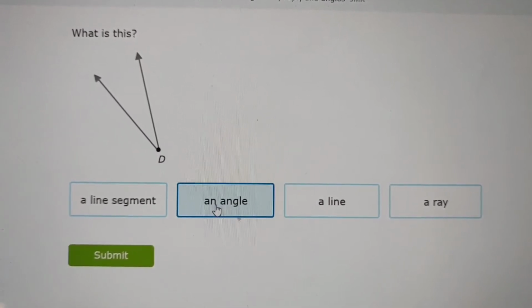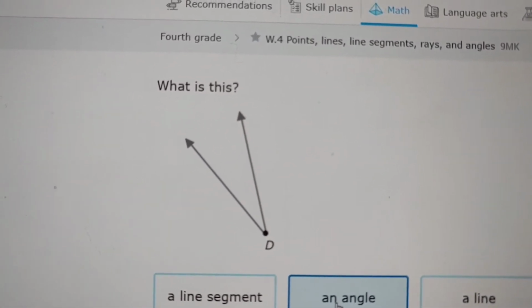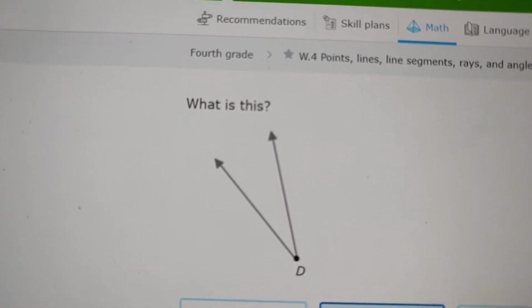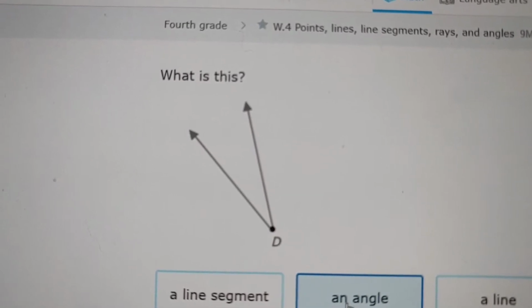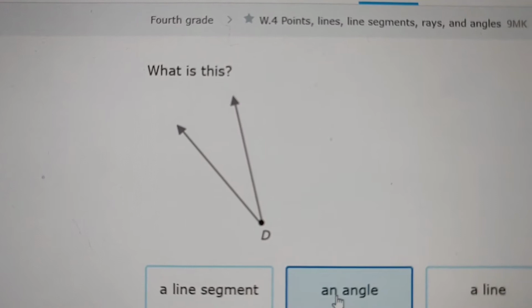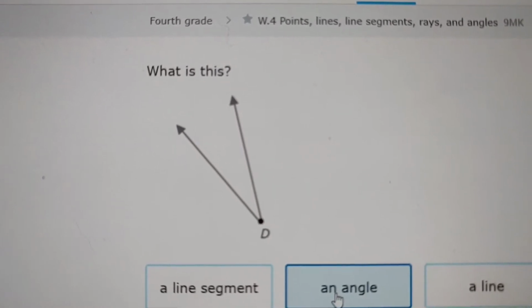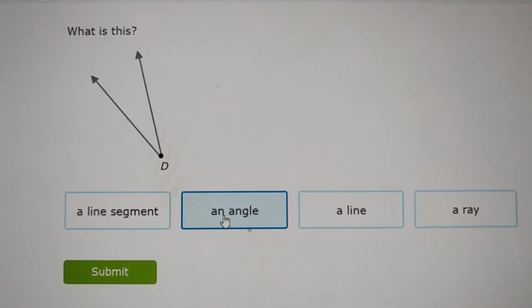I know it's not a line because even though these keep going in one direction forever from point D, they both end at point D in the other direction. So it can't be a line because a line goes in both directions forever and ever.